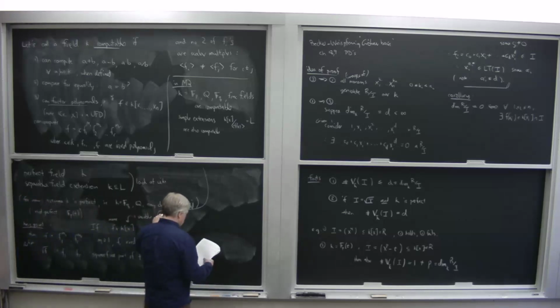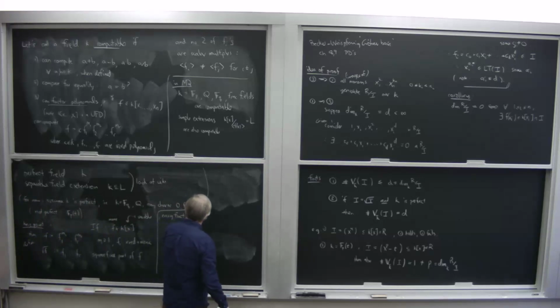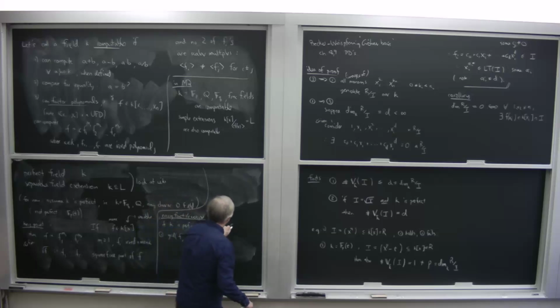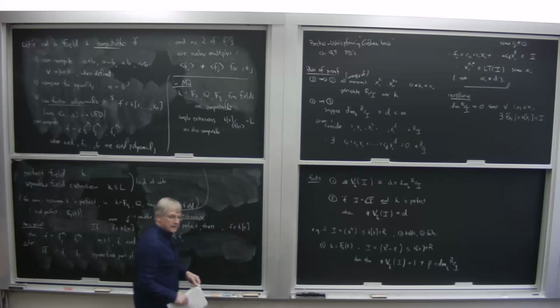And now the easy fact, or exercise, is that if k is perfect, then statement 1 is that the GCD of f and f' is in k[x] of a single variable x, say.